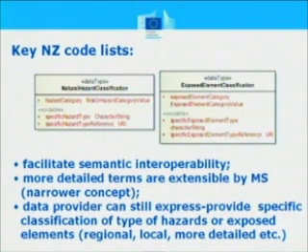Another issue in our team was the code list, the classification of the hazards and classification of the exposed elements. Here we've had several discussions about how we address this, because there is no one unified natural hazard classification that is accepted by all the community.